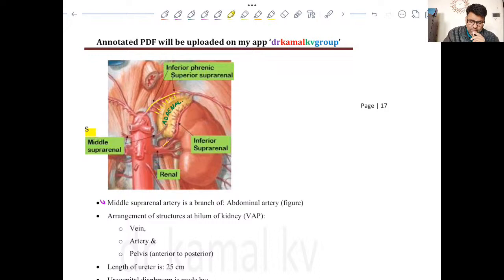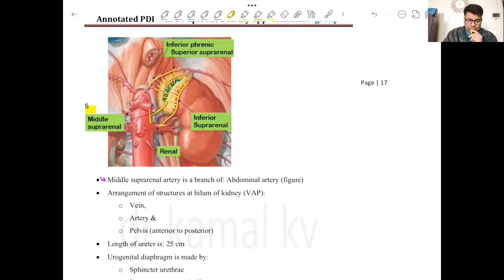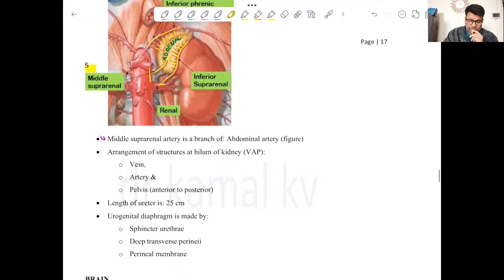Then this is the inferior suprarenal artery, which is supplying like this, and it is coming from the renal artery. And then this is the middle suprarenal artery, which is coming from the abdominal aorta. So very typical arrangement for suprarenal arteries.